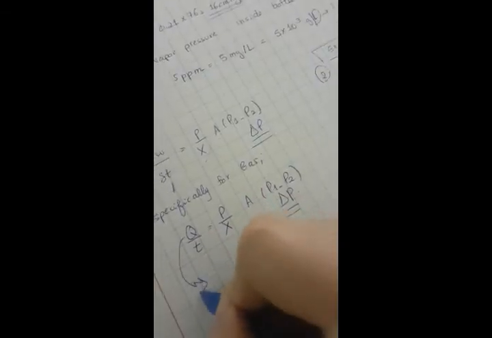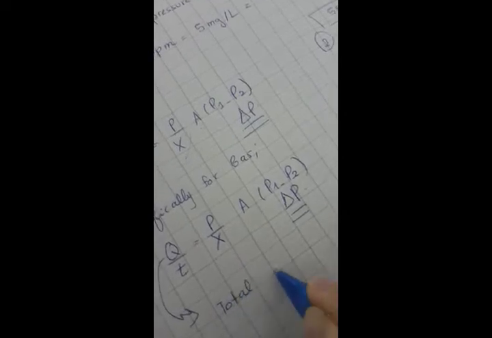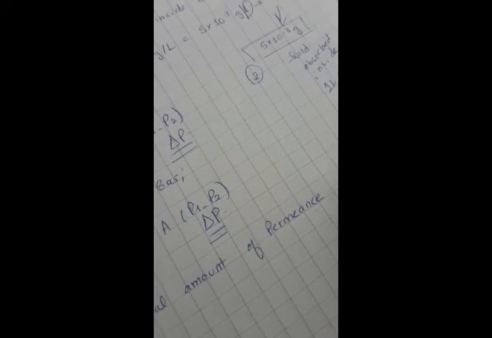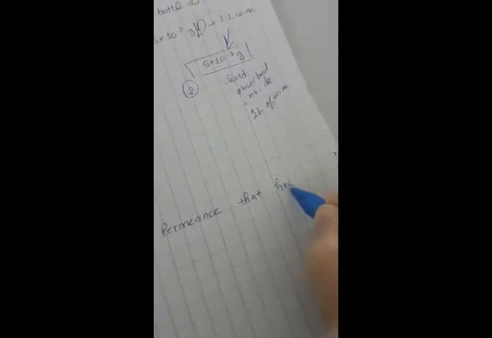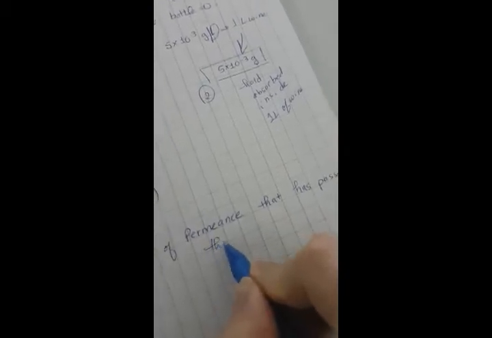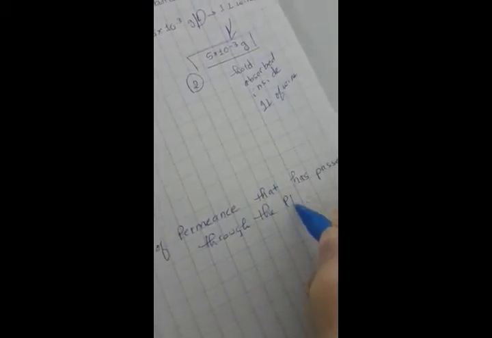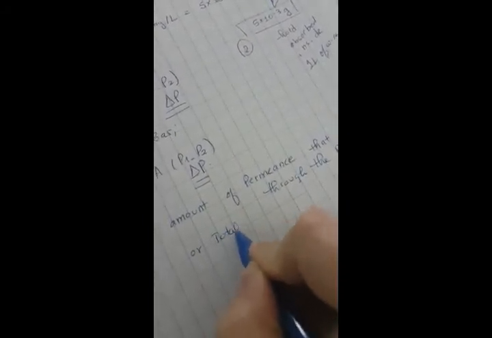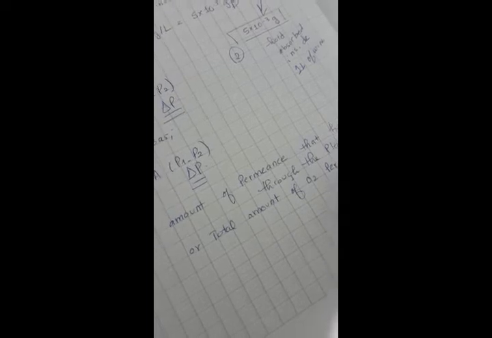Q is the total amount of permeance that has passed through the plastic film, or in other words, the total amount of oxygen permissible through the film.